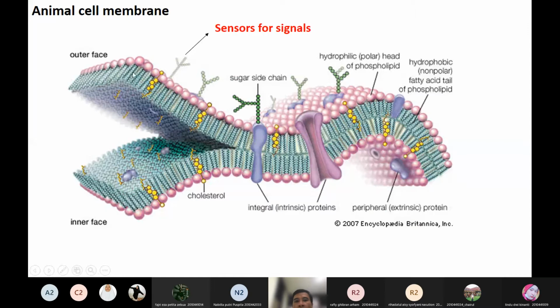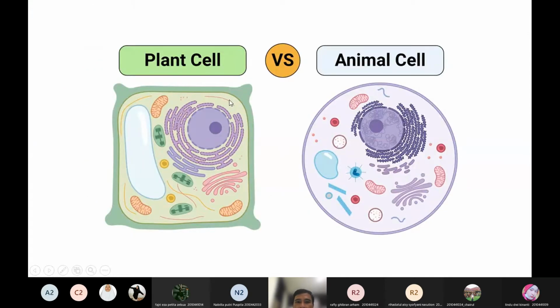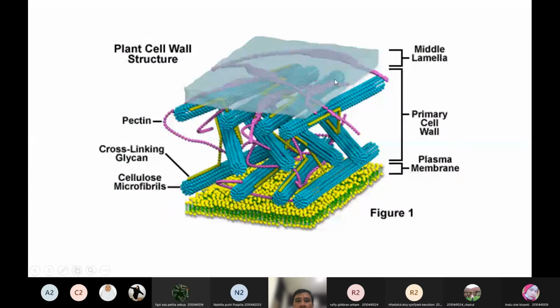Animal cells only have this kind of structure, the membrane, and plant cells also have the membrane, but this is the plant structure, the cell wall structure of plant cells here. As a student learning the basics, you may mimic such designs in order to design layers that could withstand physical damage.